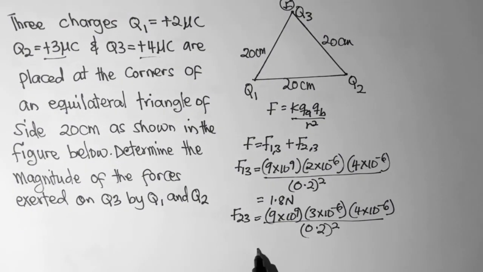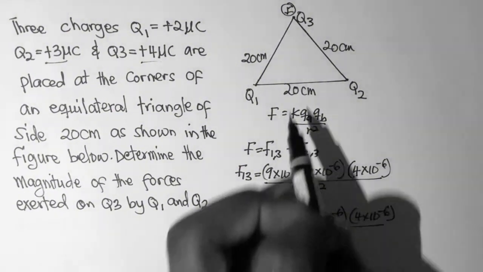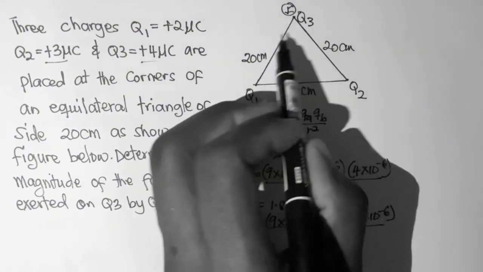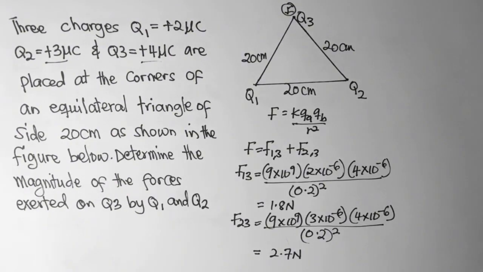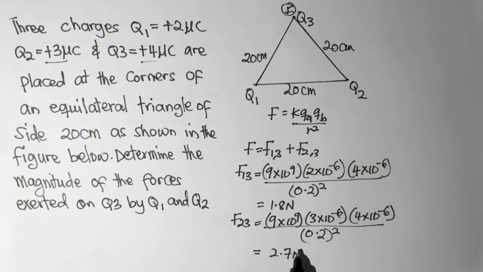And if you compute this on a calculator, you are going to get 2.7 newtons. Nonetheless, we cannot just add these two forces. The reason is because we are talking about the case of an equilateral triangle. Therefore, we need to add the two forces algebraically.